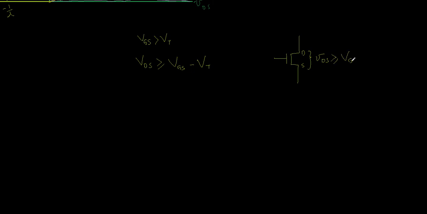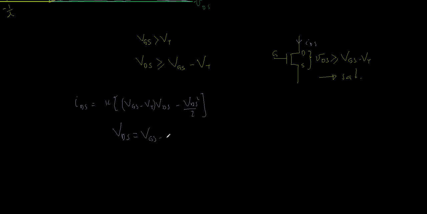So IDS is equal to K times VGS minus V threshold times, now VDS will be equal to VGS minus V threshold, so we write it here, VGS minus V threshold minus VGS minus V threshold squared over 2, and so this is equal to K times VGS minus V threshold squared minus half of that, which can be written simpler as K over 2 times VGS minus V threshold squared.